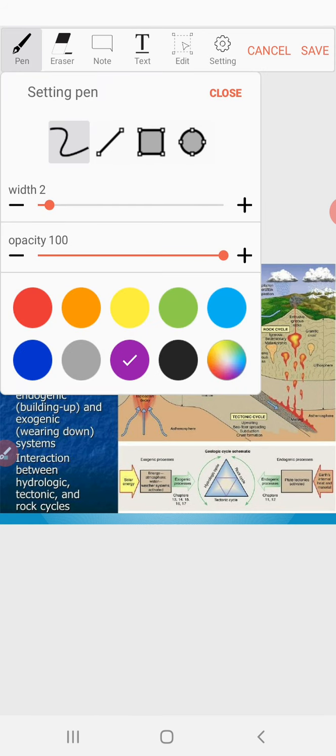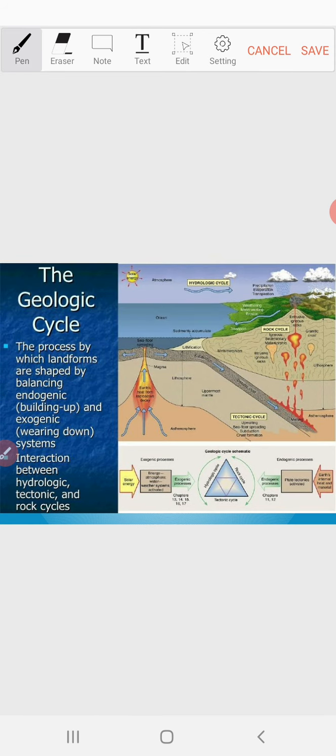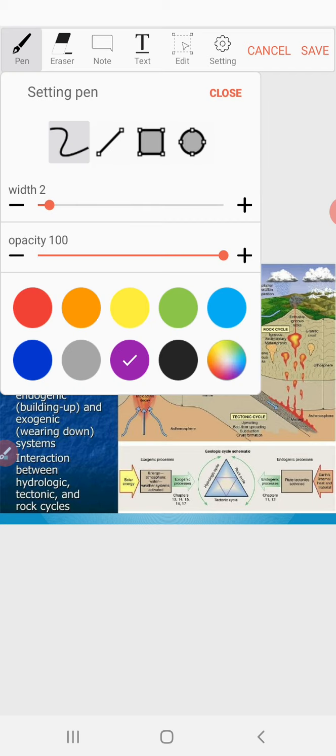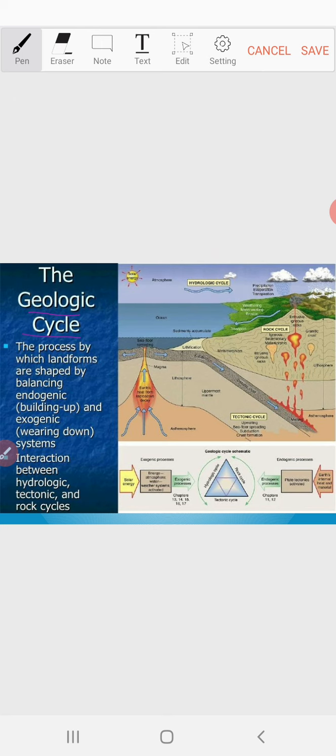I have started with the topic that is the geological cycle. Now you have hopefully heard about the hydrological cycle or other types of cycles, but now it is related to the geological cycle. The geological cycle is a balance between two forces: one is the endogenic force and the other is the exogenic force.